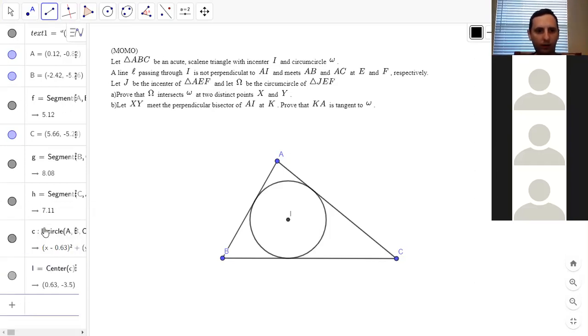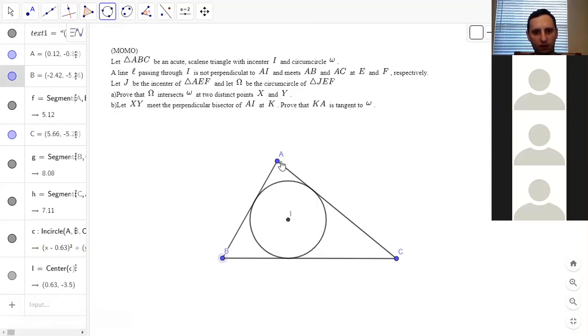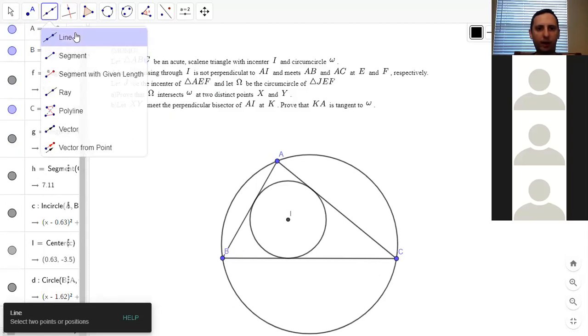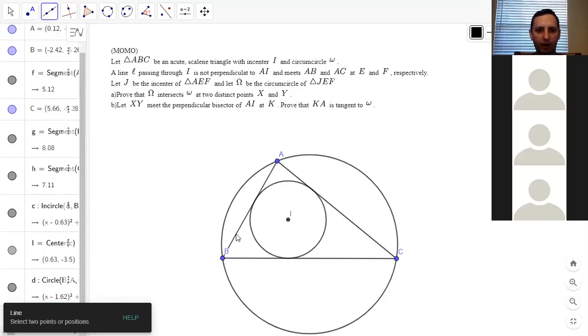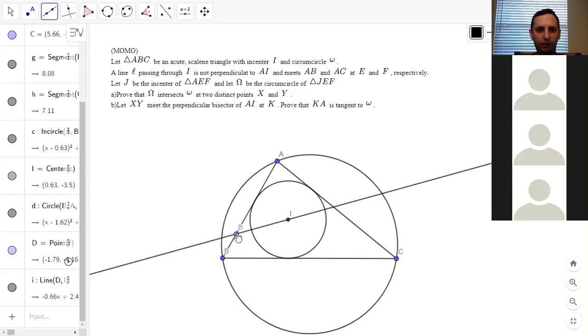So I is the incenter, and then we draw the circumcircle. And then we have a line passing through I, any line not perpendicular to AI, and it meets AB and AC at E and F.